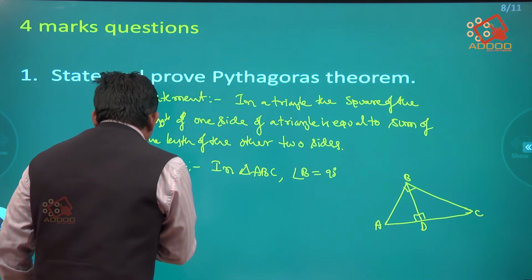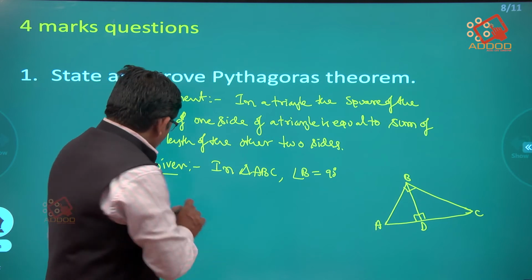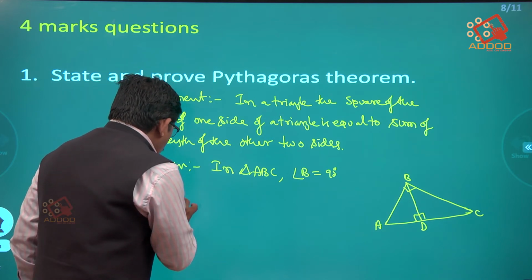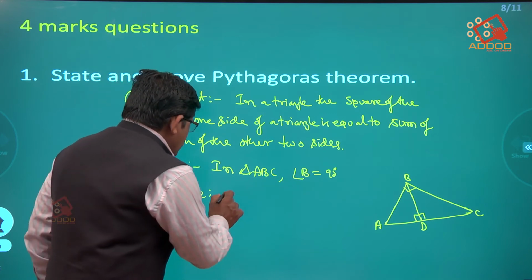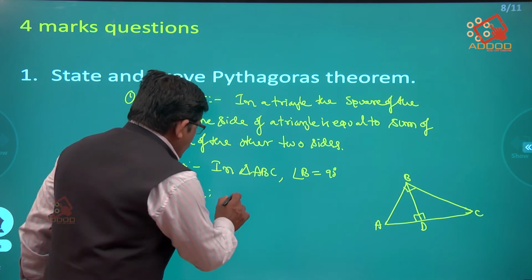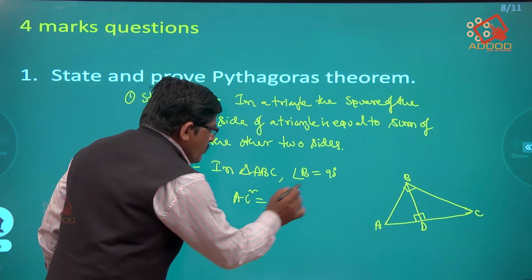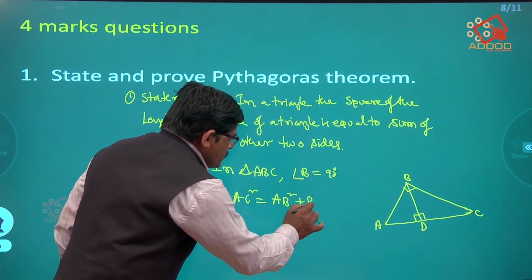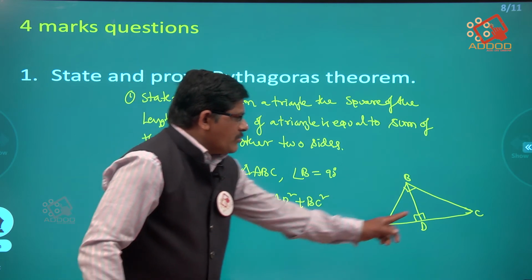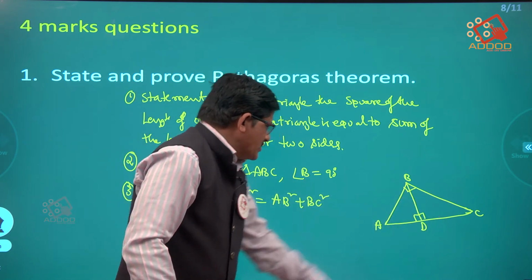Next, the third one, to prove. In triangle ABC, AC square is equal to AB square plus BC square.